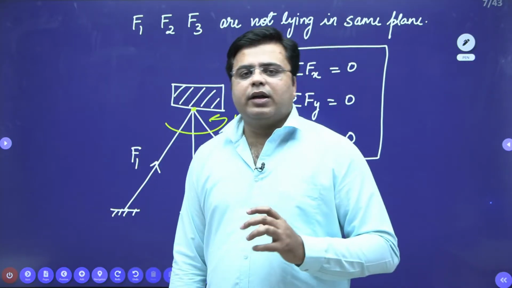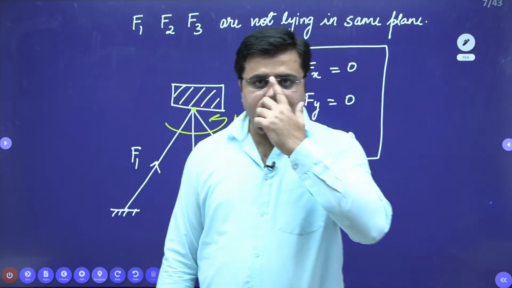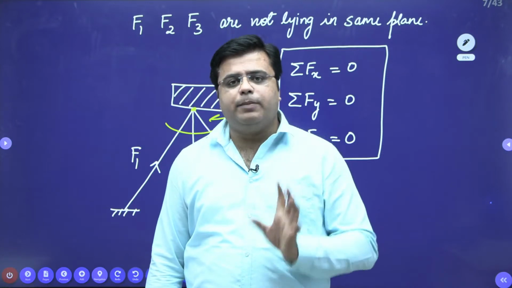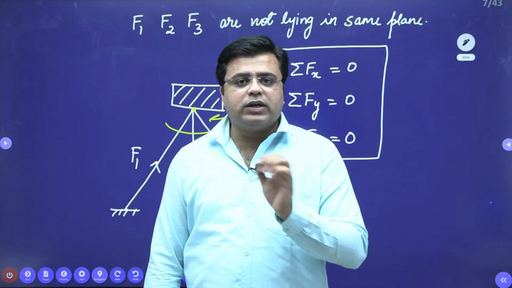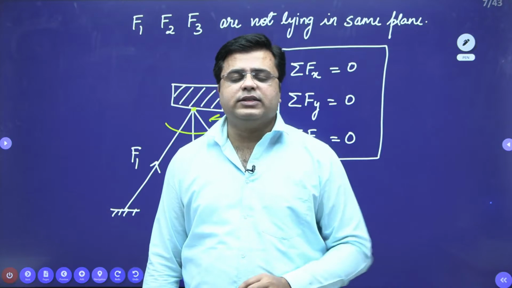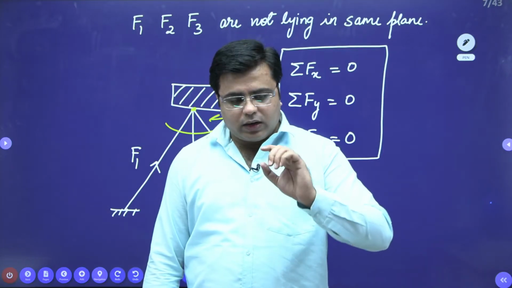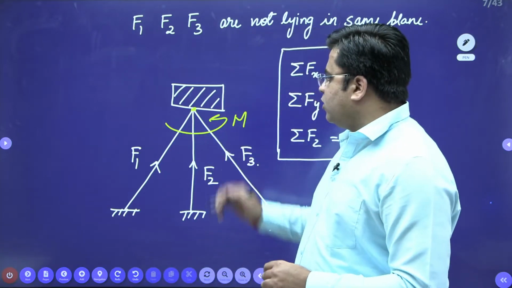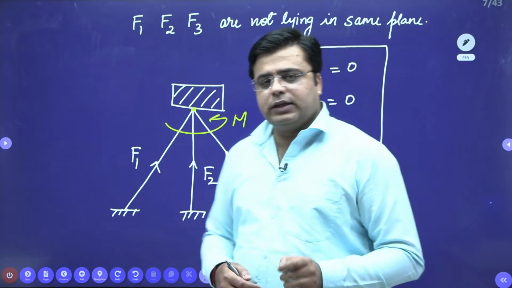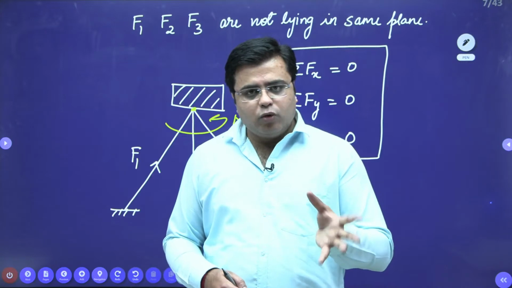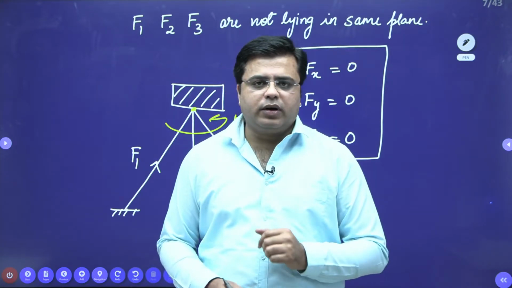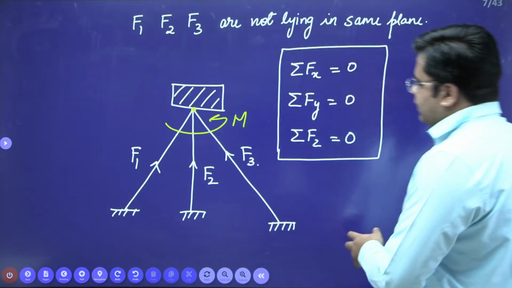So whenever the force system is concurrent and you apply any moment about that concurrent point, there will be no chances of the development of resisting moment against that externally applied moment, okay? So all these concurrent force systems are unstable whenever an external moment is applied about the point of concurrency. Is this okay? Hopefully this is clear to you.